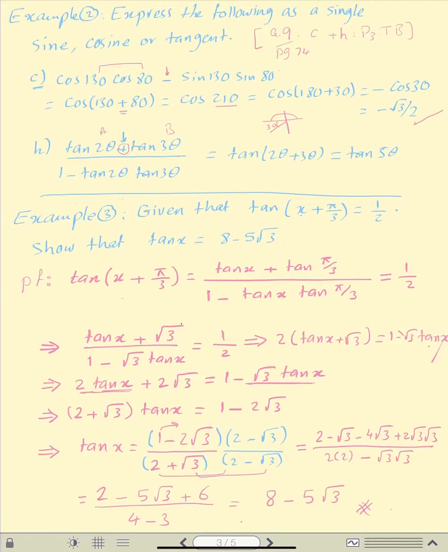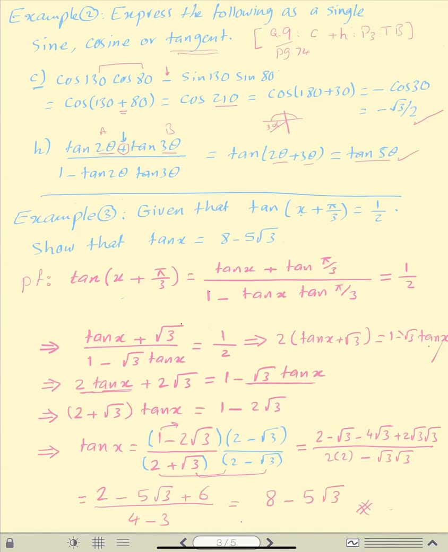They will be given the formula sheet as well, but it's good to memorize them. It will help you to do the questions faster. So this is tan A plus tan B, so tan of 2 theta plus 3 theta is tan 5 theta. Finished. We wrote this as a single tangent.